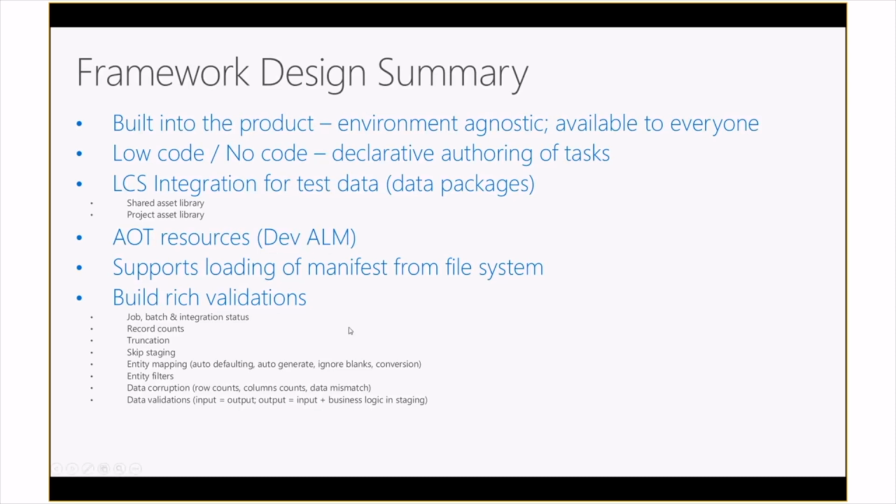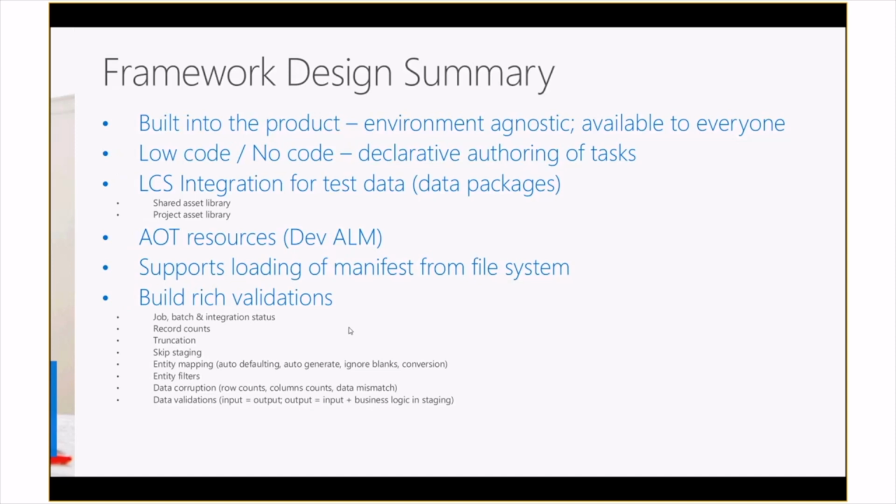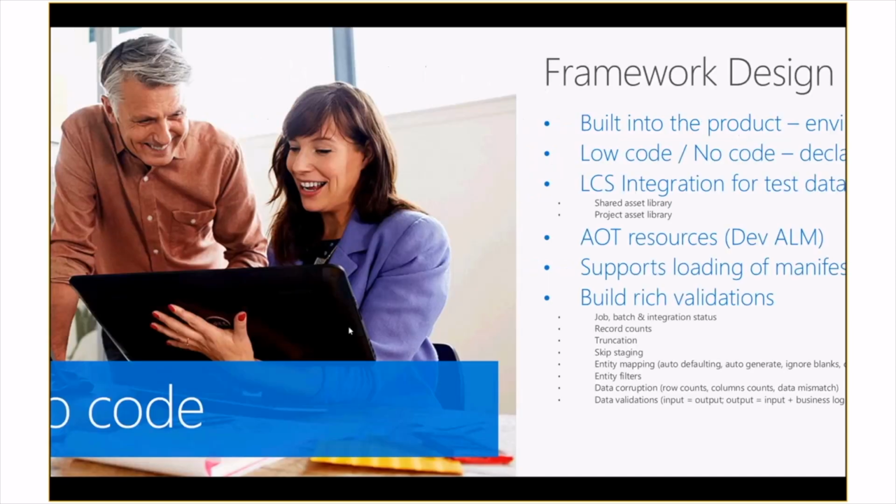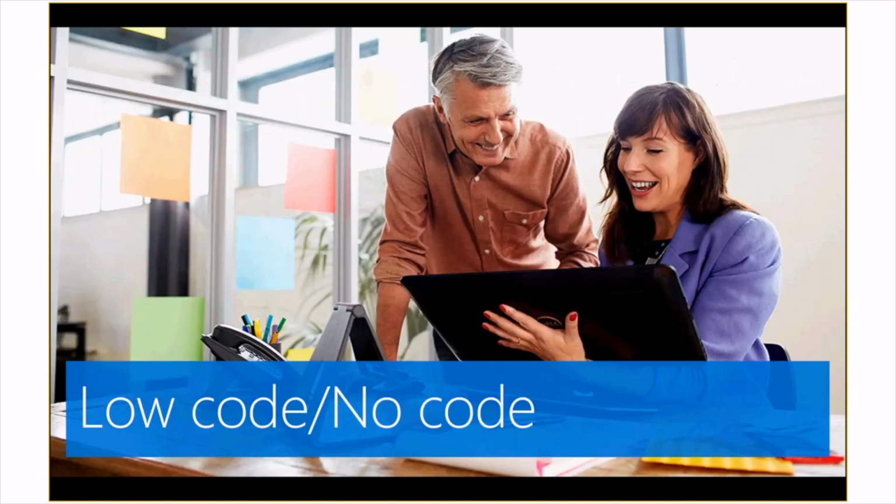Now let's take a look at the low-code, no-code concept and how the manifest looks. So at a high level, the XML manifest has two big groups. One is the shared setup group.